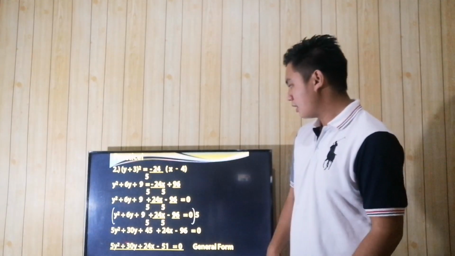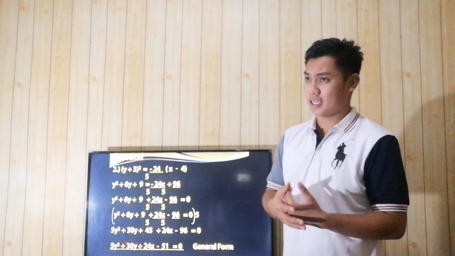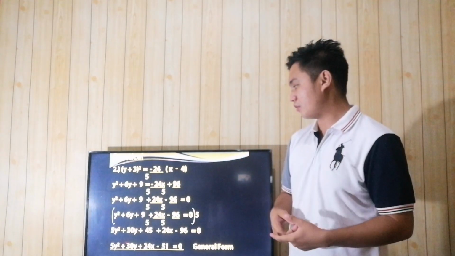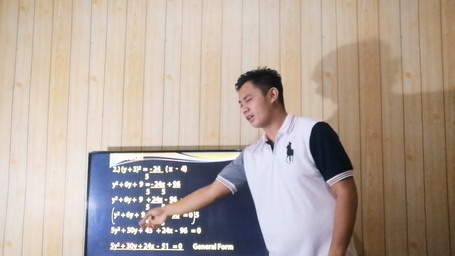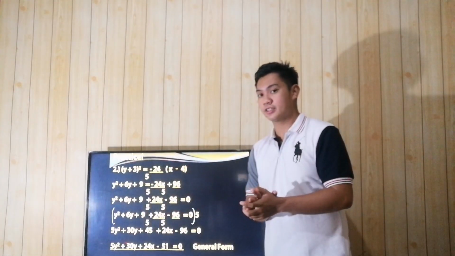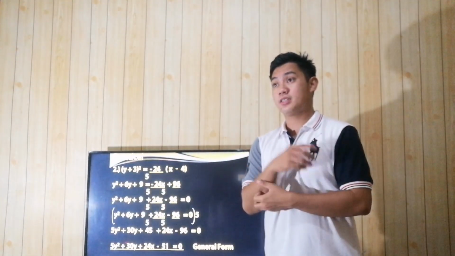Now, ano ang susunod natin gagawin? As I said, step 2, equate into 0. So, ang term dito, or equation dito is ita-transfer na natin sa kabila, transpose or additive inverse. Yun ang gagawin natin. Transpose or additive inverse, then equals to 0.